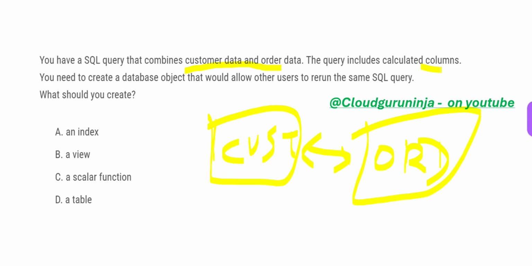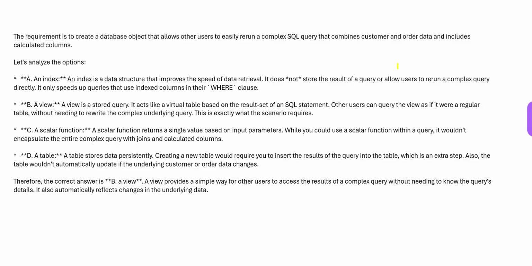You need to create a database object which allows other users to rerun the same query. You have written this query, but what if someone else wants to use it? Will you again and again tell them to write their own query or copy paste my query? So you will put that query in a view and share the view so that others can use it.